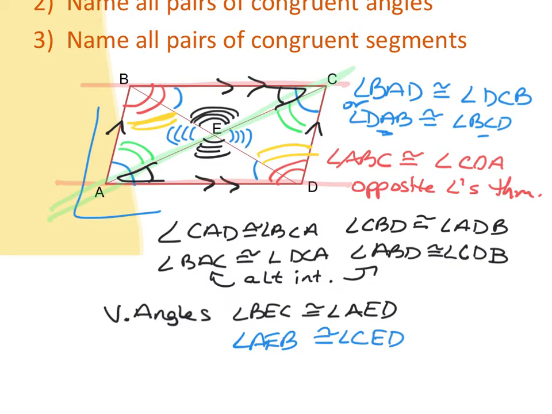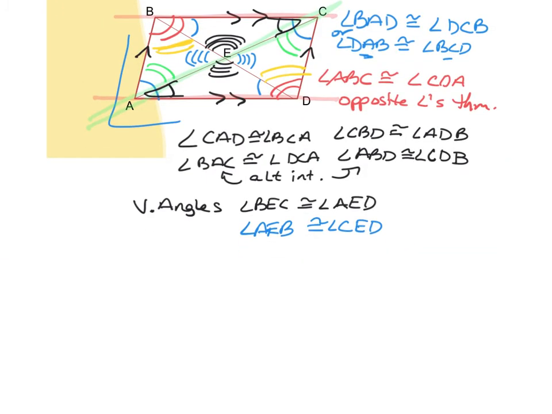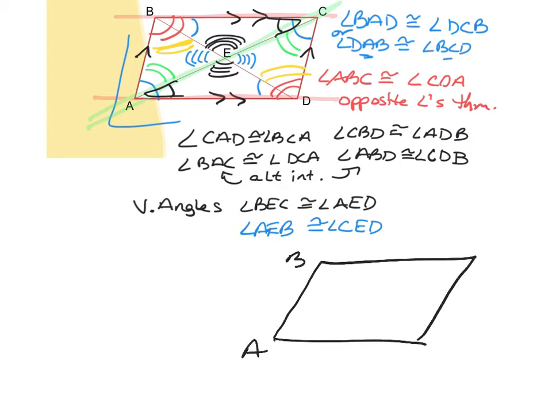All right, now we're going to do part 3. And I'm going to redraw the parallelogram. So A, B, C, D with the diagonals here, and this is an E. So it wants me now to name all the congruent segments.